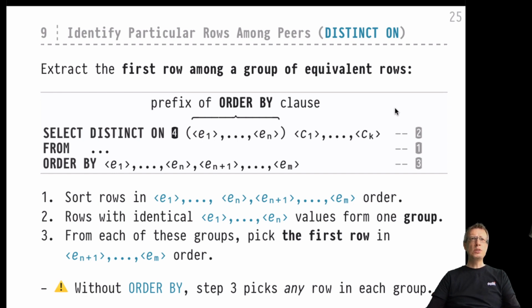Okay, so distinct on allows you to identify one particular row among a group of equivalent rows. So you could pick a representative row among a group of equivalent rows. That's a use case that will occur over and over while we are considering the authoring of SQL clauses.